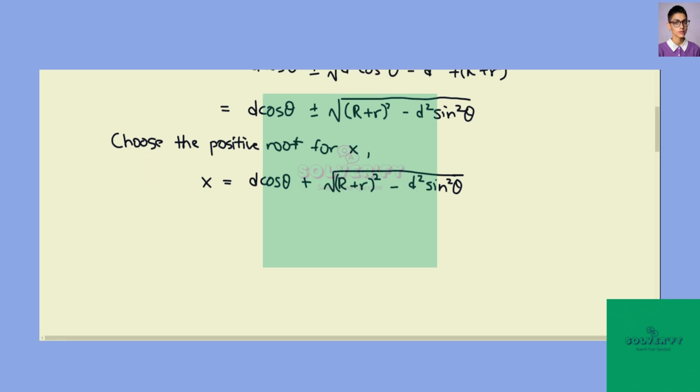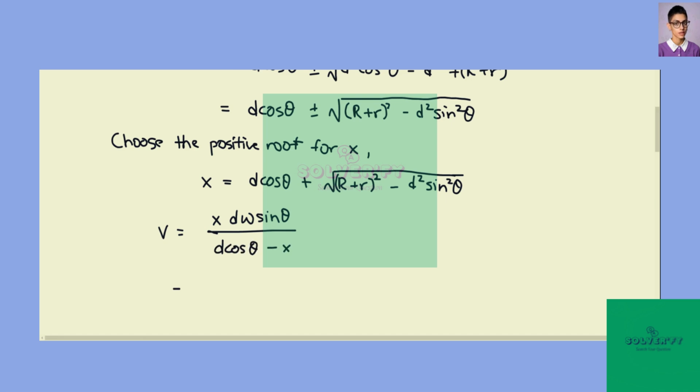Then recall that our v is equal to x d omega sine theta divided by d cosine theta minus x.